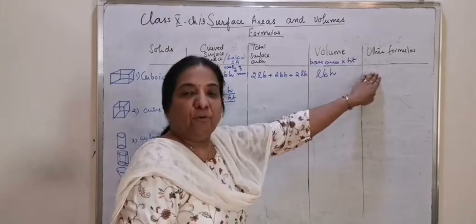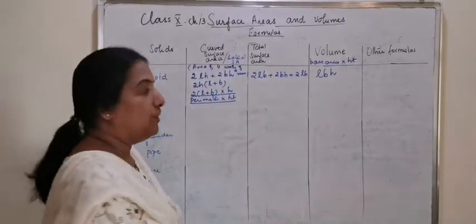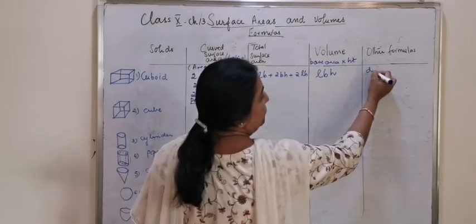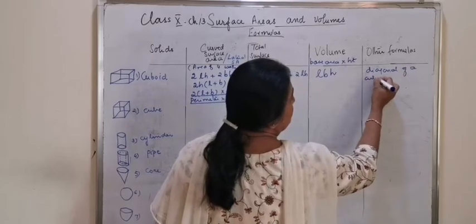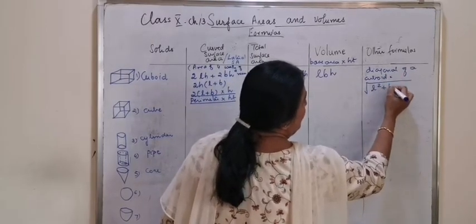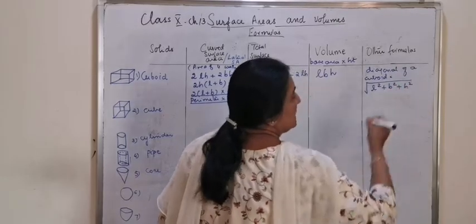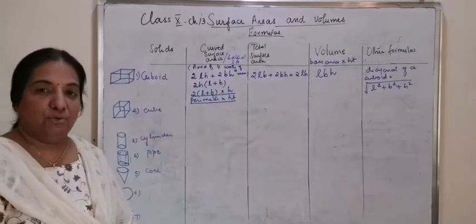One more important formula in the cuboid is the diagonal of a cuboid. The diagonal of a cuboid can be found out using the formula square root of L square plus B square plus H square. So these are the formulas connected with the solid cuboid.